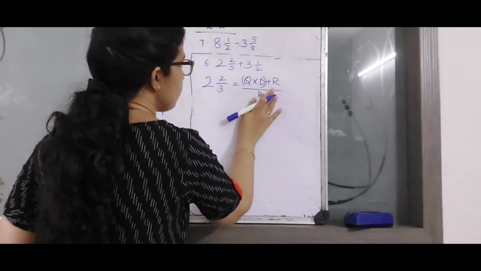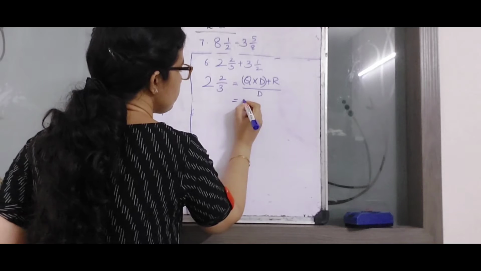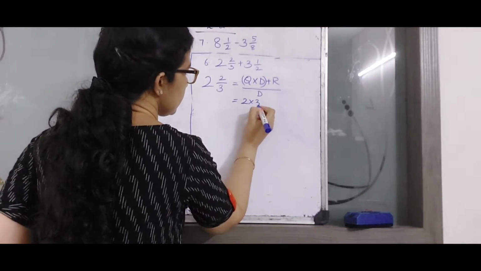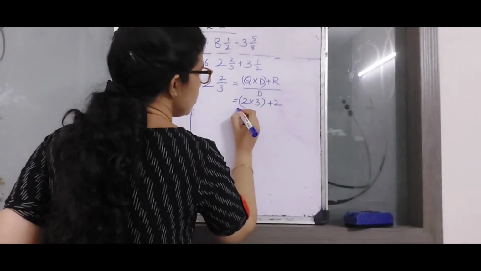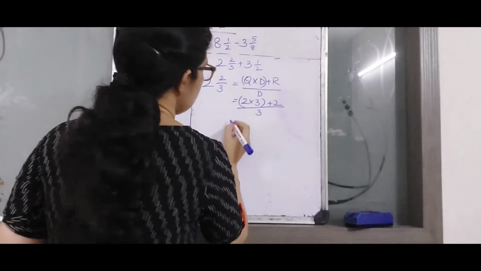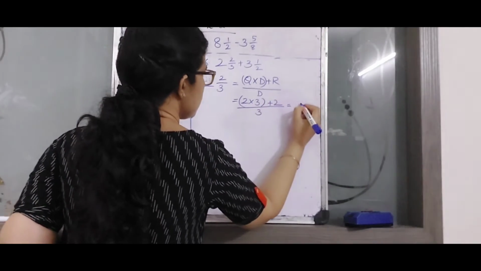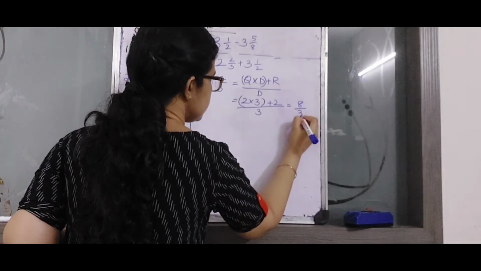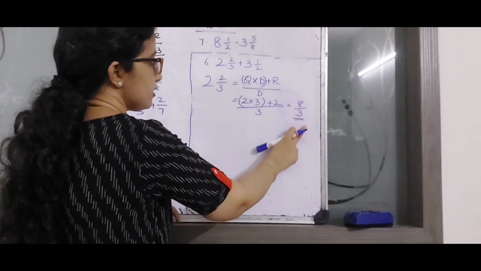Okay, so if we apply this formula here, 2 2 by 3 will become 2 into 3 within bracket plus 2 the whole divided by 3. Okay, so what will this become? 2 into 3 is 6, 6 plus 2 is 8, 8 by 3. Okay, so 2 2 by 3 can be written as 8 by 3.